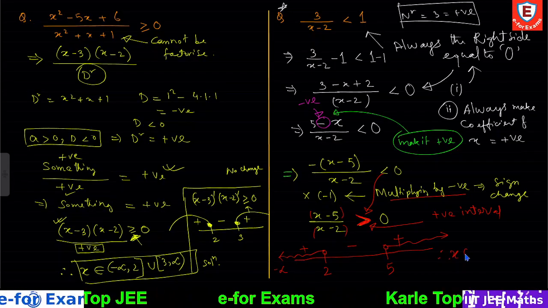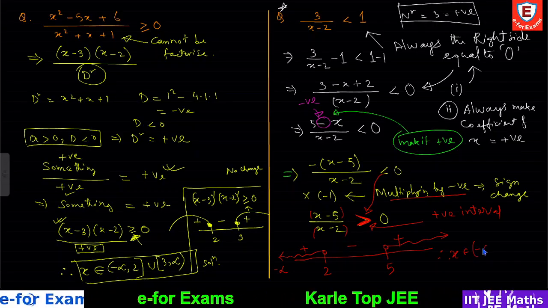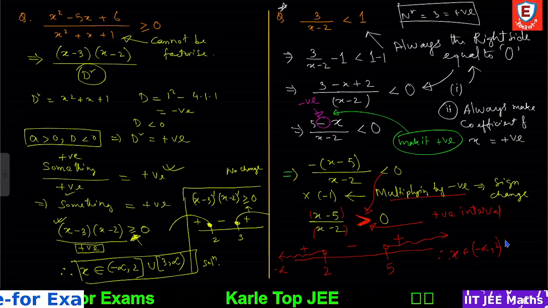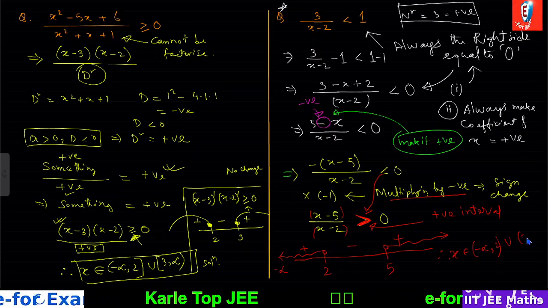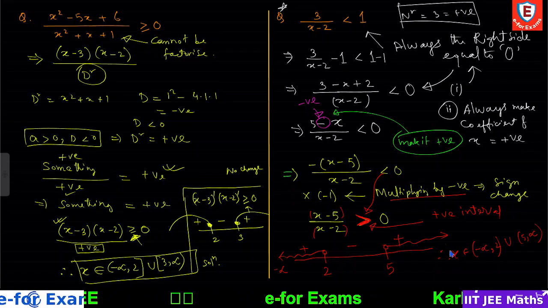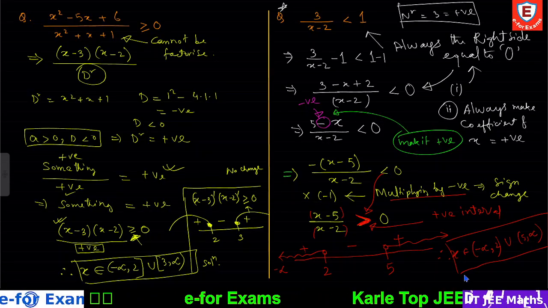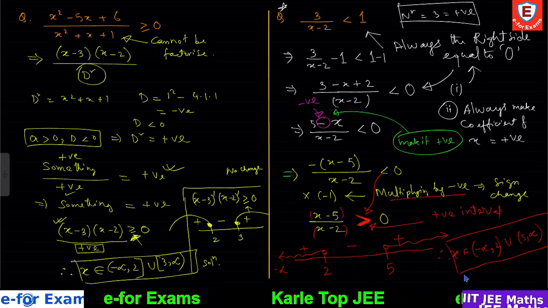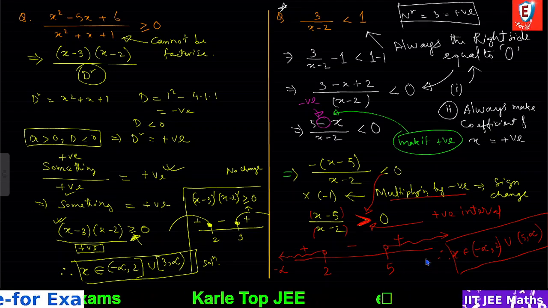Therefore x belongs to minus infinity to 2 union 5 to infinity. This is the solution. Got it?